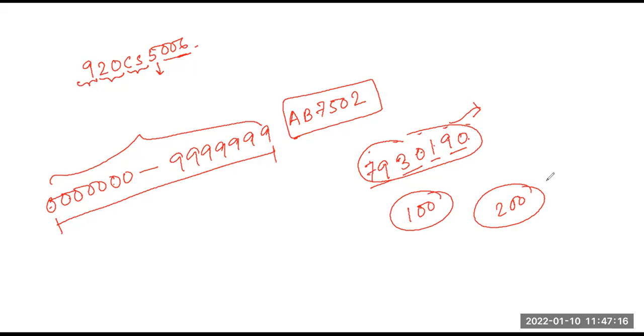Yes, I can do something. I can take the last 2 digits of my employee ID and use them as an array index. I can do it. Then my space will be reduced. Suppose this employee ID will be stored in index location 90, or suppose someone has an employee ID like this one.